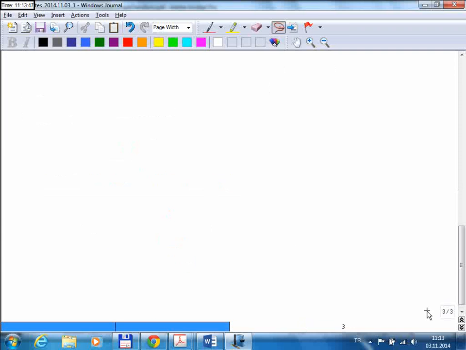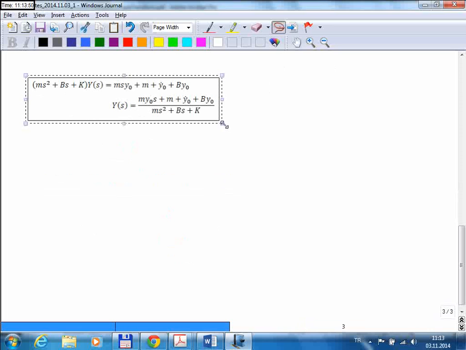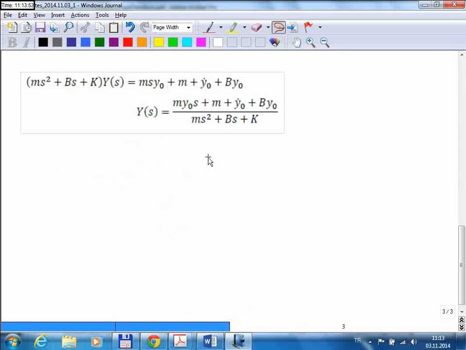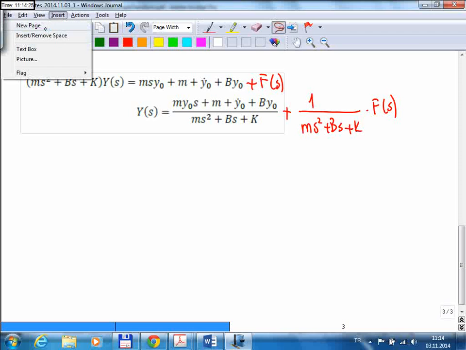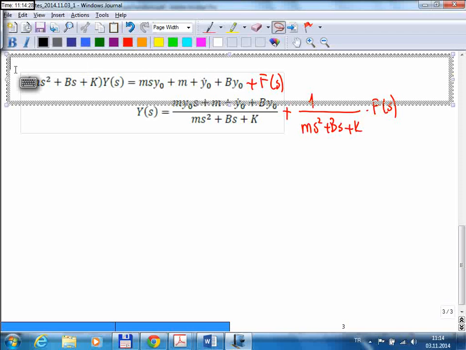so maybe I can just quickly show it here. So if you had an external input in addition to initial conditions, then that external input would show up here as capital F of S, and then the response would be equal to this plus 1 over, right? So let me rotate here.